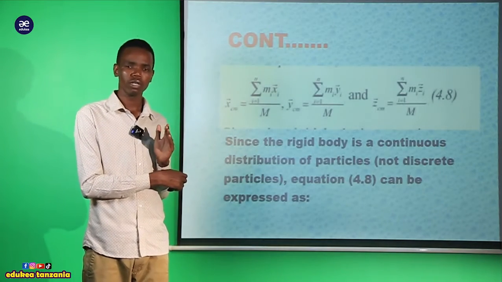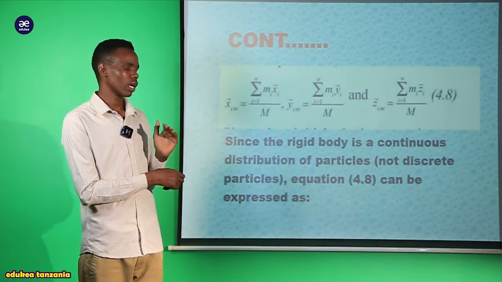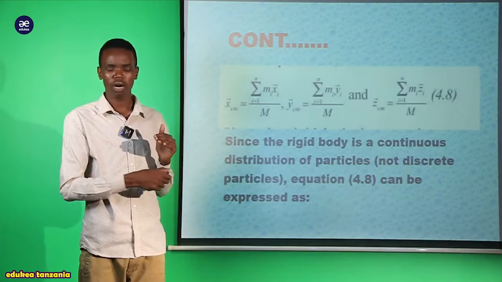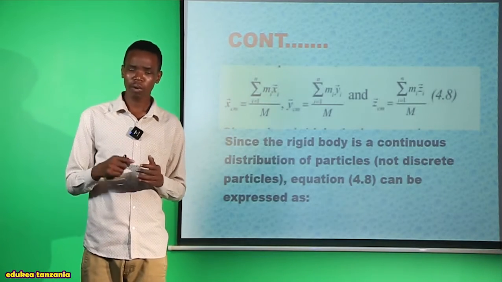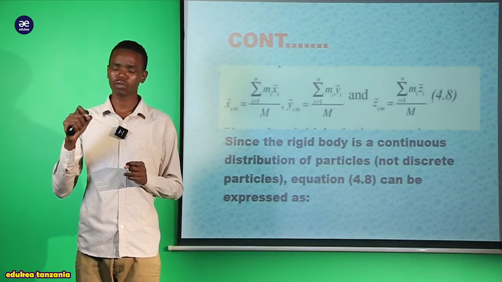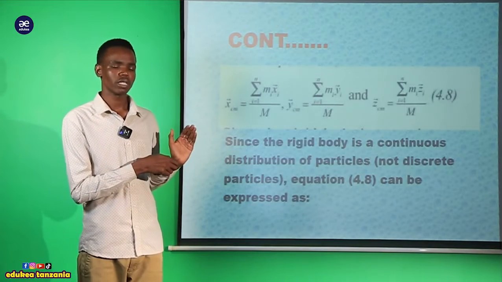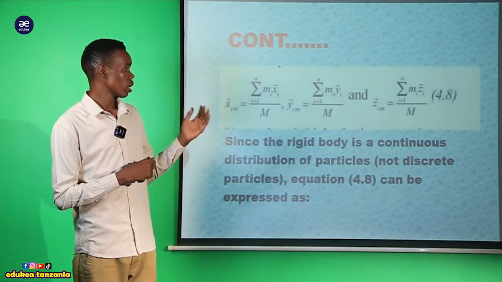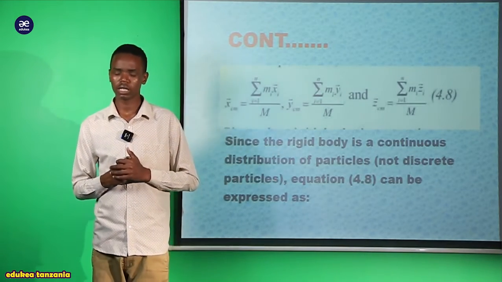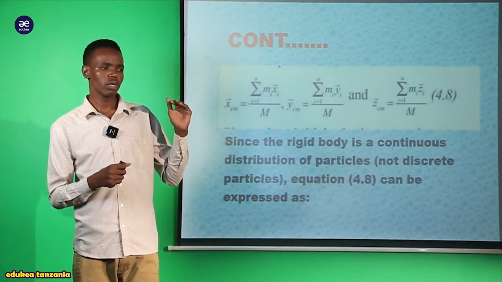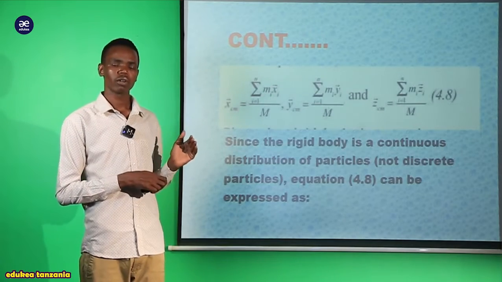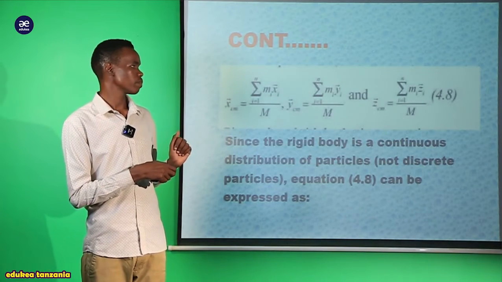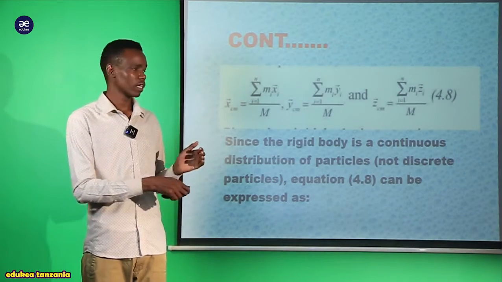For the x coordinate, the center of mass must be equal to the summation of m_i x_i, with i starting from 1 up to n, divided by the total mass, as we see here. Along the y axis, the center of mass along the y coordinate must be equal to the summation of m_i y_i, with i starting from 1 up to n. Along the z coordinate, kwenye z coordinate na penyewe tutakuwa vile vile, the center of mass along z must be equal to the summation of m_i z_i, with i starting from 1 up to n, divided by the total mass.